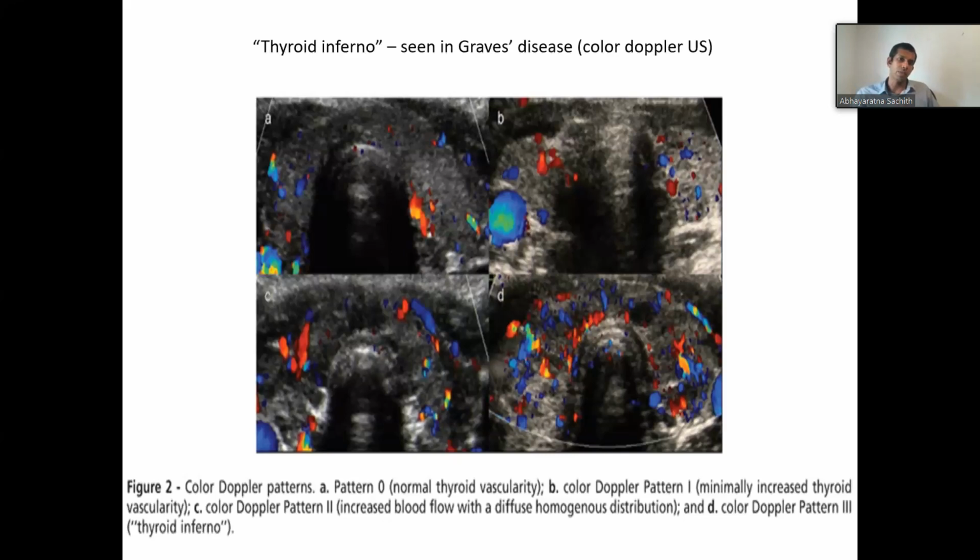Okay, so this is what you see now. The one on the top on the left side is the normal thyroid. You see the vascularity. The one on the right, downwards, is what you see in patients with Graves' disease. We call this color Doppler.